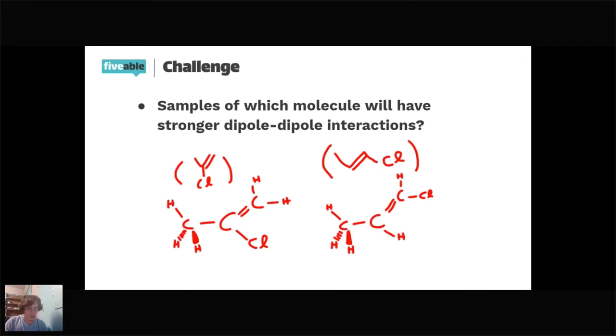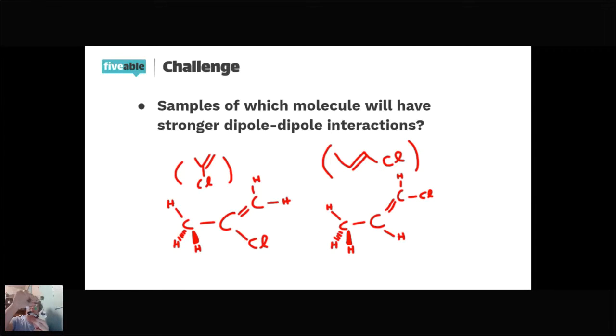I'm going to not include the hydrogens just because they're not really relevant. Actually, I'll keep the hydrogens on. So when these two molecules attract, the only place where this chlorine can have an electrostatic attraction with this carbon is through here or through here, right?